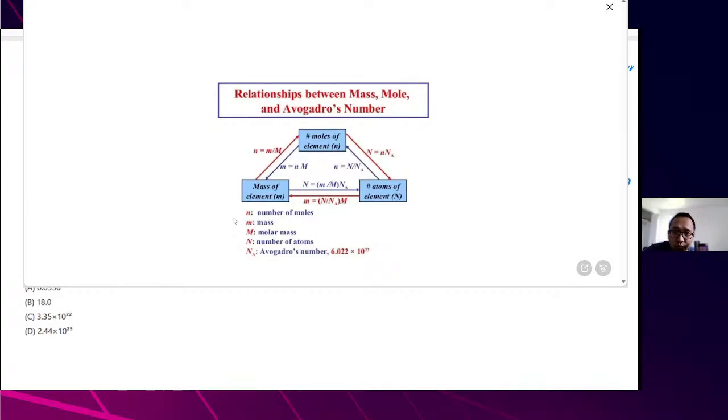I just want to write it down here: n equals N per Na, and n equals m per M, and then m. It's very easy.